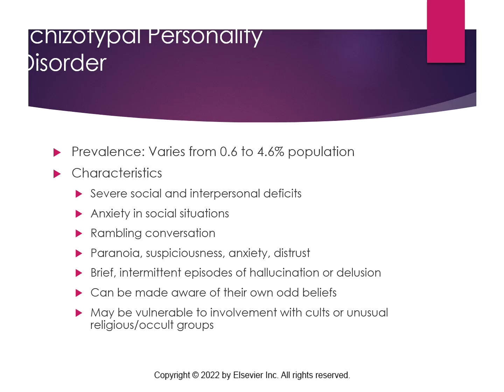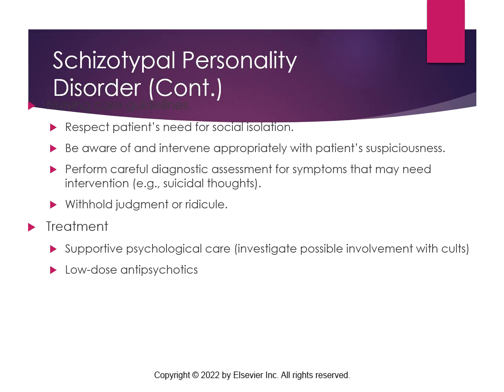Also, brief, intermittent episodes of hallucination or delusion, and they can be made aware of their own odd beliefs. They may be vulnerable to involvement with cults or unusual religious and occult groups. So that's your schizotypal personality.